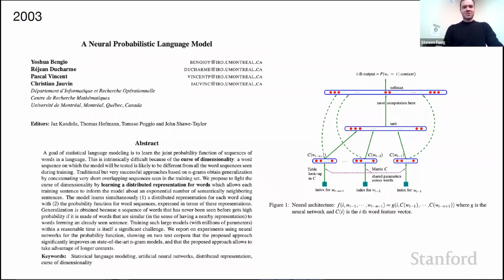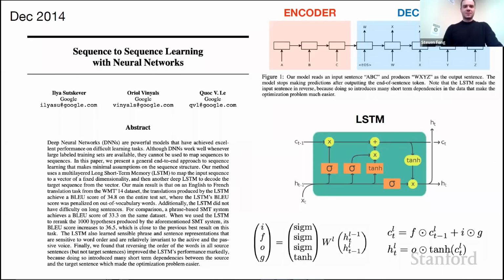Now, over time, people started to apply this to machine translation. So that brings us to the sequence-to-sequence paper from 2014 that was pretty influential. And the big problem here was, okay, we don't just want to take 3 words and predict the 4th. We want to predict how to go from an English sentence to a French sentence. And the key problem was, you can have an arbitrary number of words in English and an arbitrary number of words in French. So how do you get an architecture that can process this variably sized input?